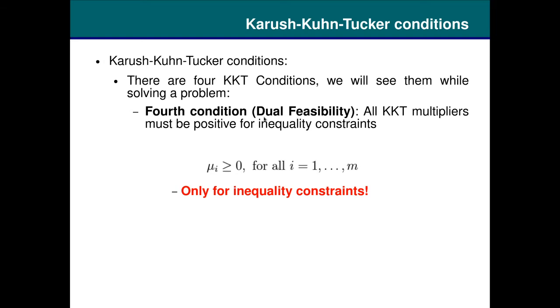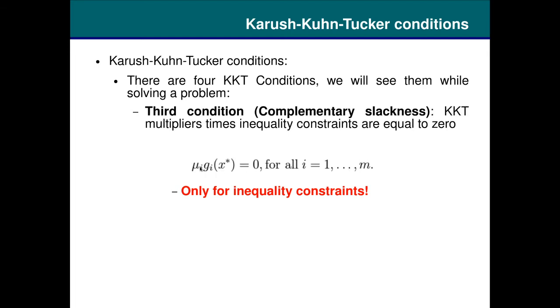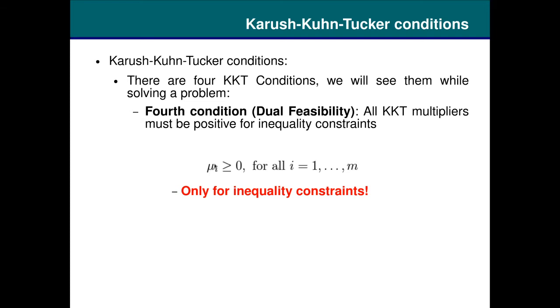When I ensure that every mu_i, remember, the Karush-Kuhn-Tucker multipliers that I multiply by my inequality constraints, must be greater than or equal to 0. Every value must be greater than or equal to 0 for the inequality constraints. For now, this is just a condition.